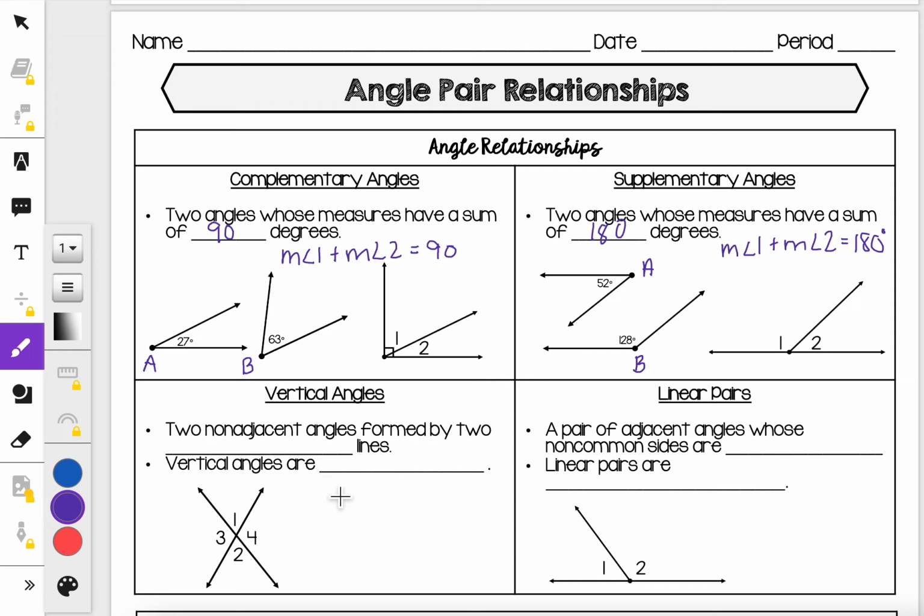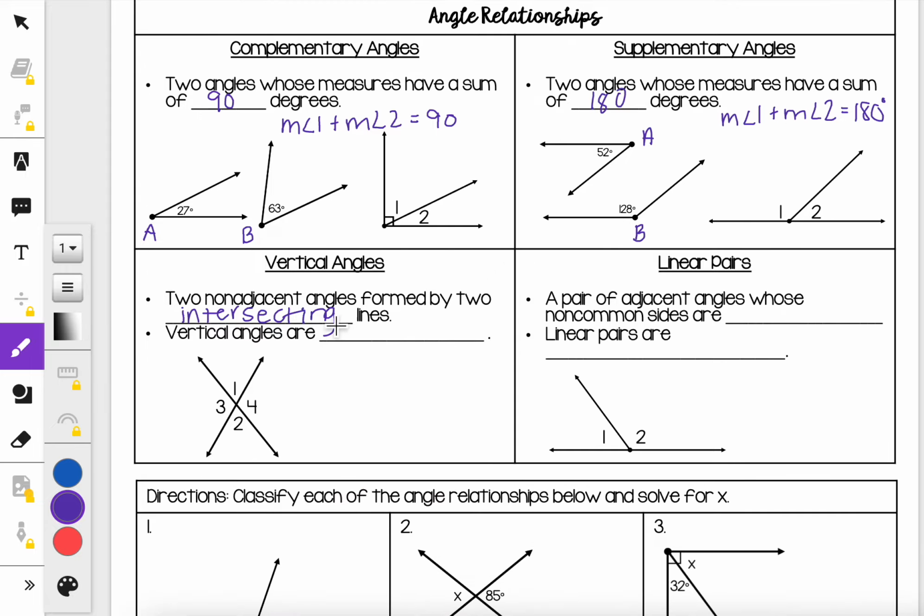Vertical angles are two non-adjacent angles that are formed by intersecting lines. Vertical angles are congruent, which, if we remember from the last video, means that they have the same measure. Here, angle 1 and angle 2 would be vertical angles.